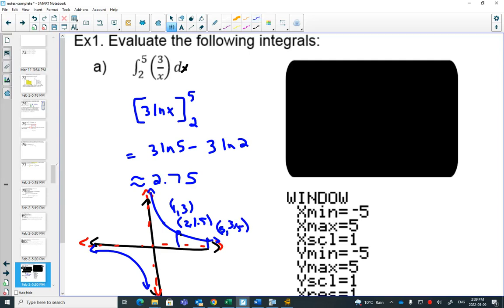And this little section here, we just calculated the area from 2 to 5 under the curve 3 over x to be 2.75-ish once we rounded it, which is pretty cool because this curve part makes our life difficult in all of our math up till now.